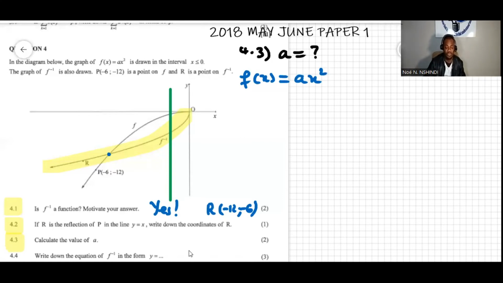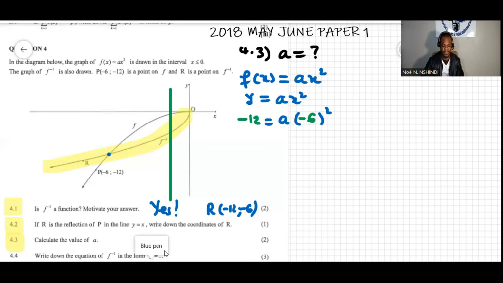We can sub in the point P. Remember that f(x) is y, so it's like y = ax^2. So we can sub in -12 for y, and then -12 would be equal to a times (-6)^2, with -6 for x.